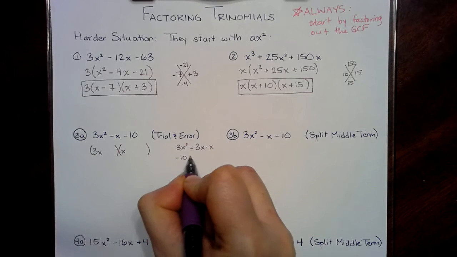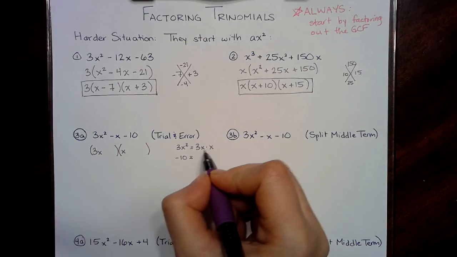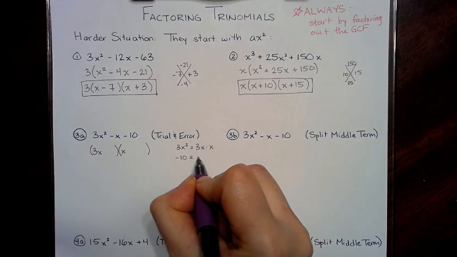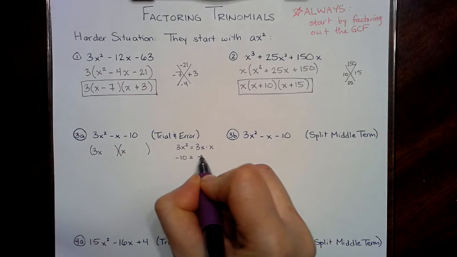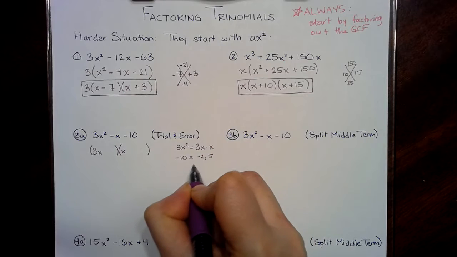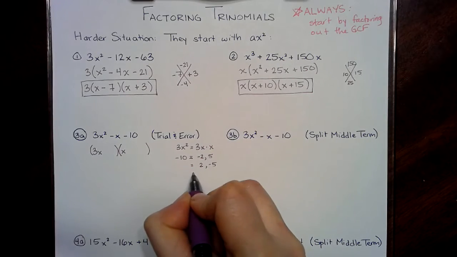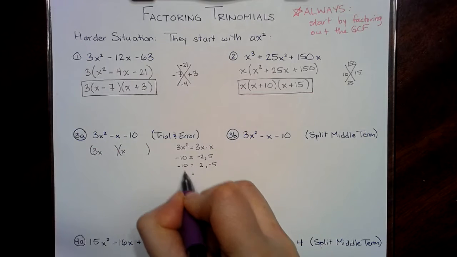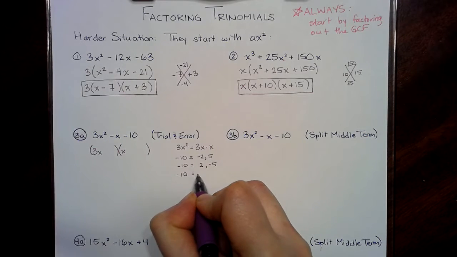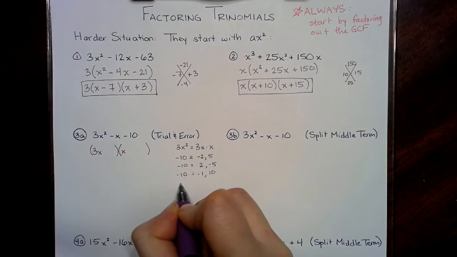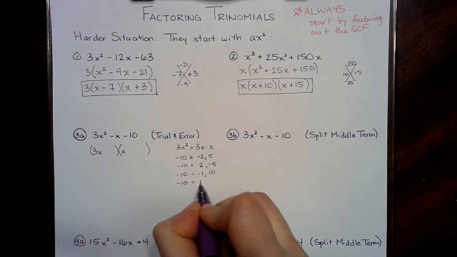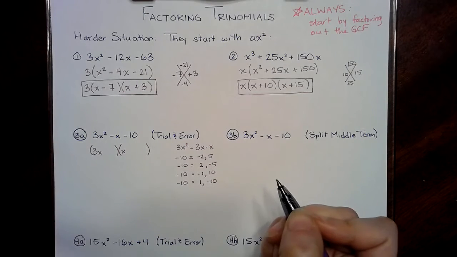And negative 10 could be, let's see, I could have negative 2, positive 5. I could have positive 2, negative 5. I could have negative 1, positive 10. Or I could have 1 and negative 10.